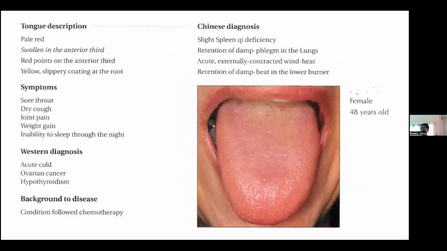There's also a yellow slippery coating at the root, so there's a retention of damp heat in the lower burner. Patient symptoms are sore throat, dry cough, joint pain, weight gain, inability to sleep through the night. Western diagnosis: acute cold, ovarian cancer, hypothyroidism. Background to disease: condition followed chemotherapy.